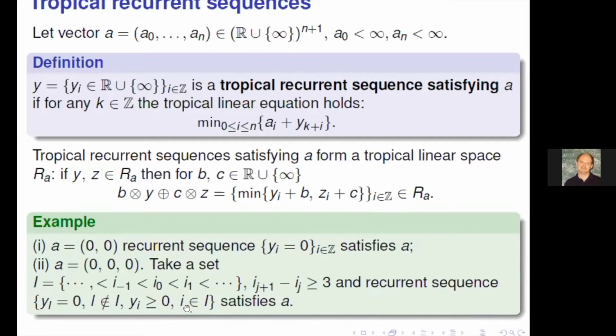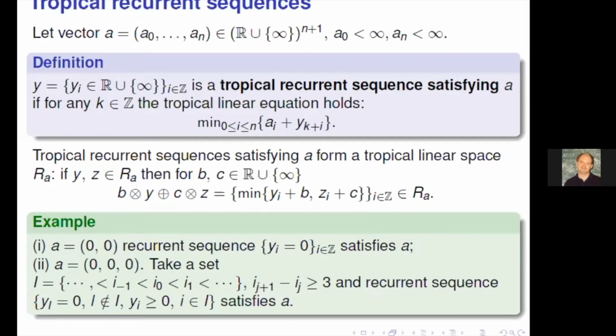So there is an enormous set, unlike the classical situation I mentioned at the beginning, when the first two vectors define uniquely the rest of the sequence. Now we have an enormous set of tropical recurrent sequences satisfying vector A, and one of our tasks would be to define the measure of how many recurrent sequences we have.